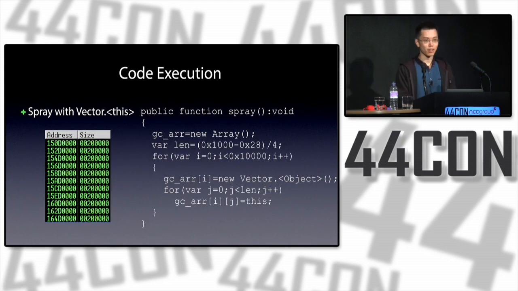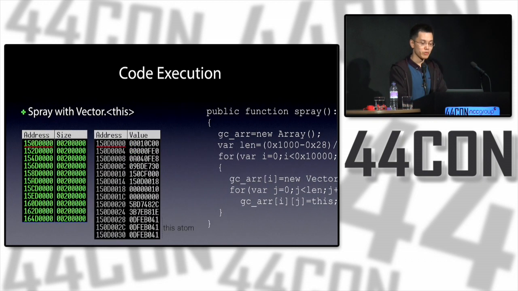So right now we have got the ability to read any piece of the memory. I think there are many choices left for the next steps. Let's say we can read a stable location sprayed with vector objects. Although we cannot corrupt the length field of the vector anymore, vector is still a very useful method to heap spray. And all the vector objects are filled with the current class pointer, this. And when we read a stable location, we know that this pointer is located after the metadata of the vector object.